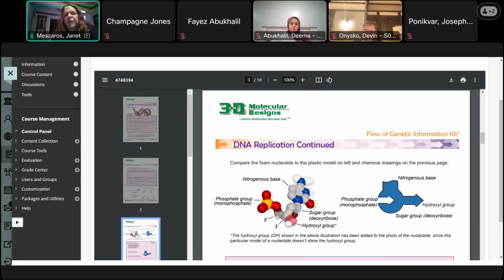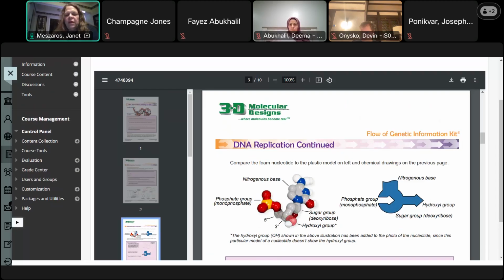And here's the 5' carbon with the phosphate group. So they're saying the hydroxyl group, OH, shown in the above illustration, has been added to the photo of the nucleotide, since this particular model of the nucleotide does not show the hydroxyl group. I don't know. I guess, but it looks like it does. I don't know what this means. I'm sorry, because I see the hydroxyl group right here.